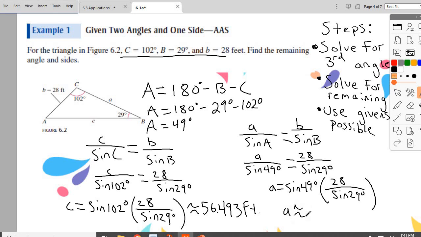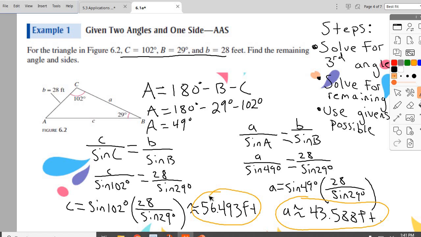Plug it into our handy calculator, and what do we get? 43.588, and we are in feet. So we solved for both sides and the missing angle like it asked us.